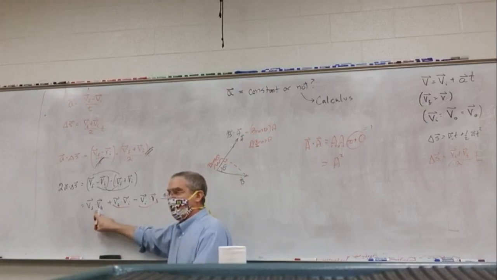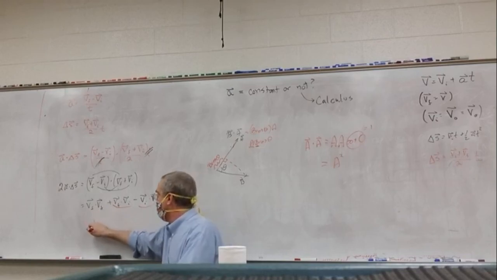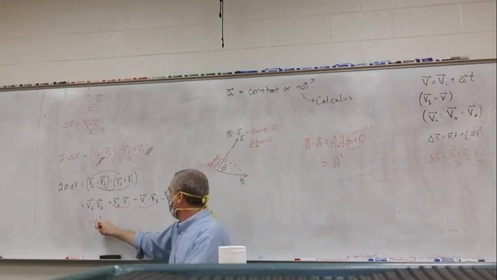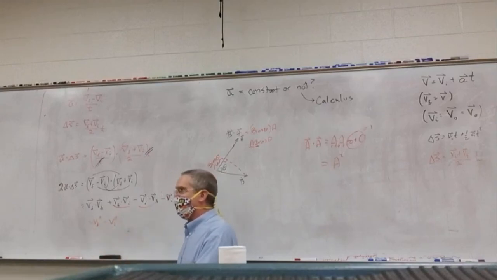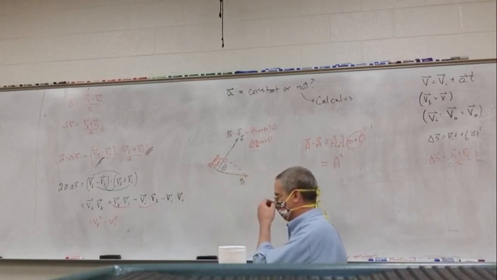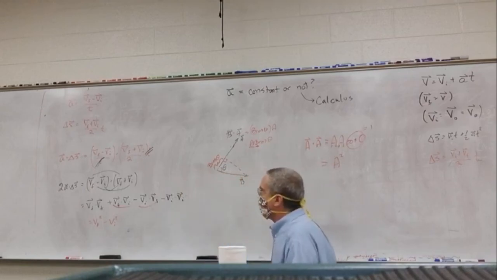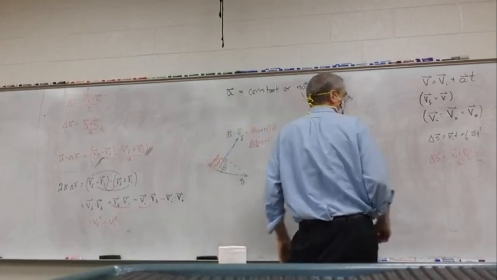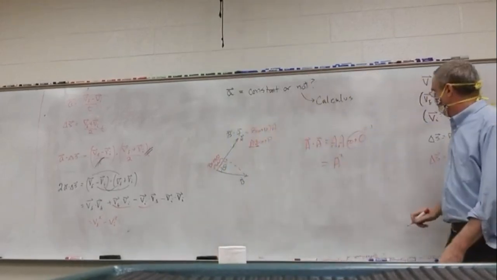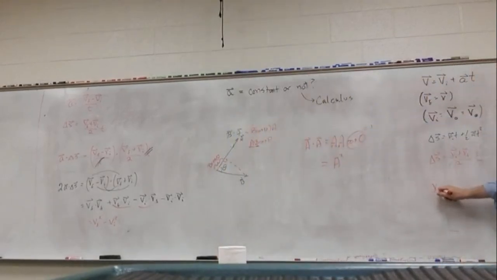This is a vector dot product with itself, so this is just VF squared minus VI squared. Vector symbols are not written down here on purpose. And so, therefore, we have our last equation. VF squared equals VI squared plus 2A dot delta S.